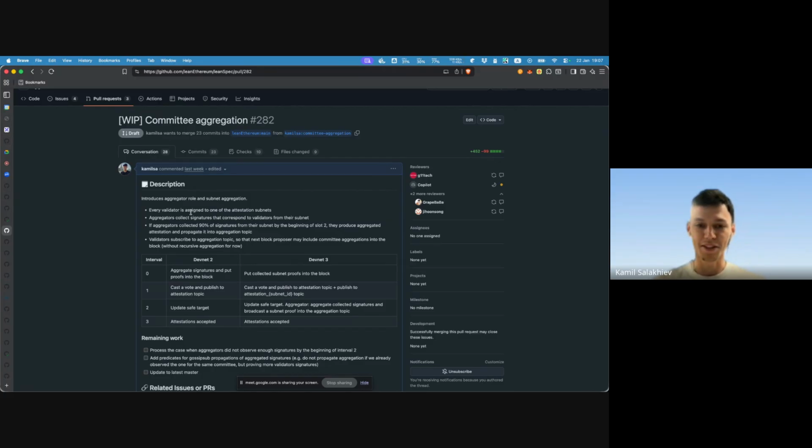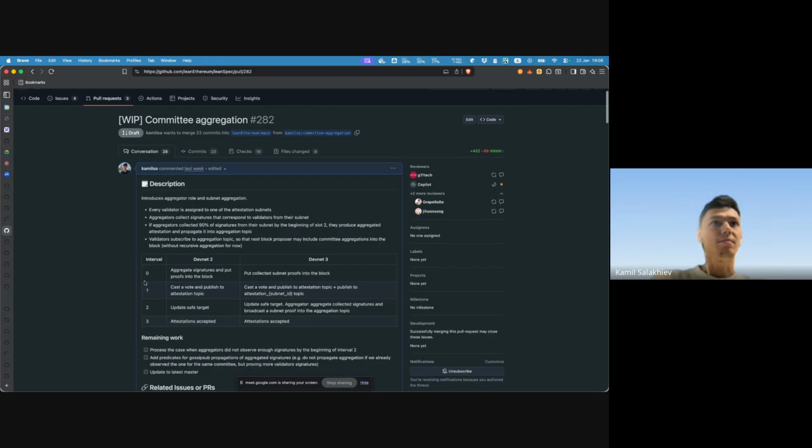There are many optimizations that we can introduce, but in this PR I wanted to start with something simple, and then we can iteratively upgrade to new topologies, increase the number of validators, aggregators, all that stuff.